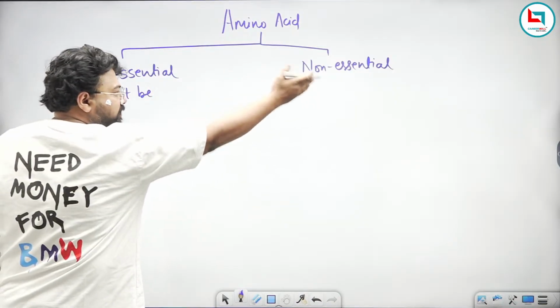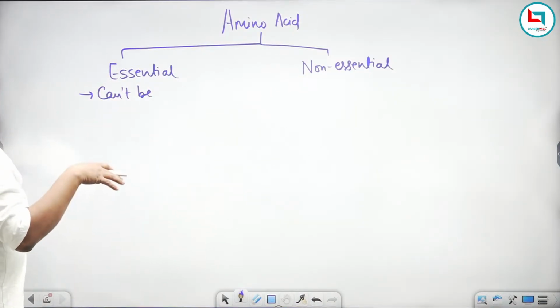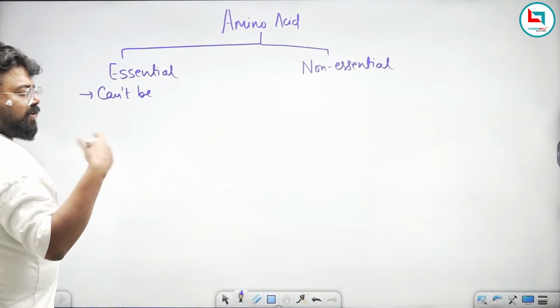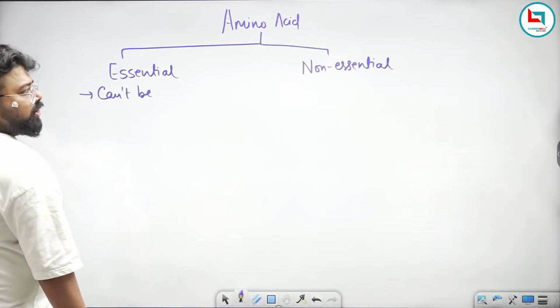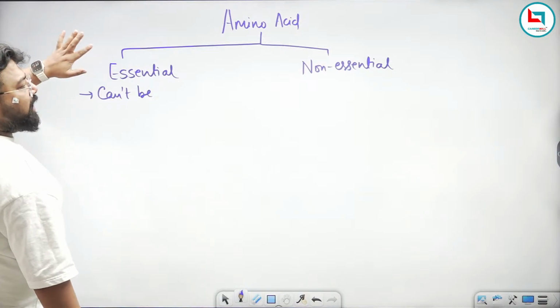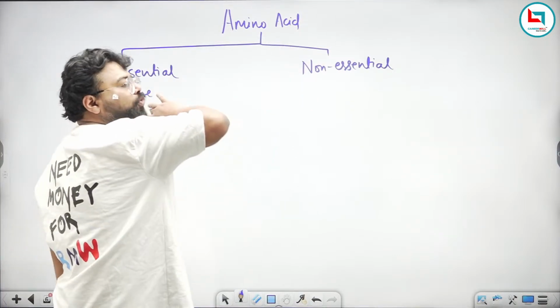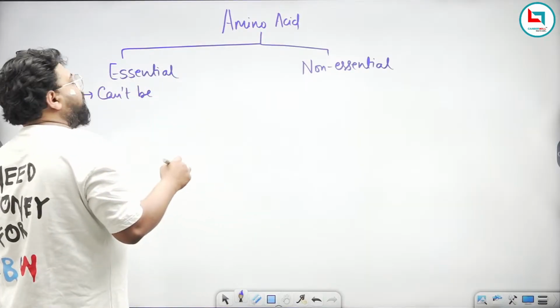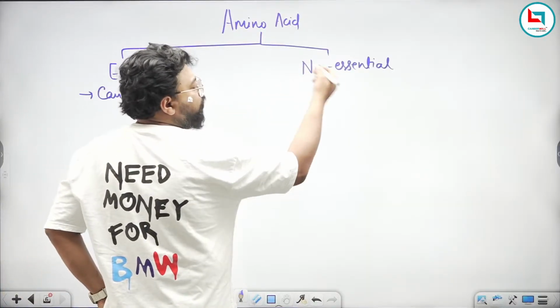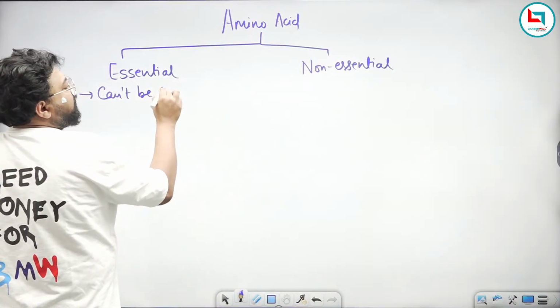Now, the non-essential ones are also present inside food like tofu, paneer, meat, chicken, fish. But if you are not getting these amino acids from the food source, our body can synthesize them. That's why they are known as non-essential.